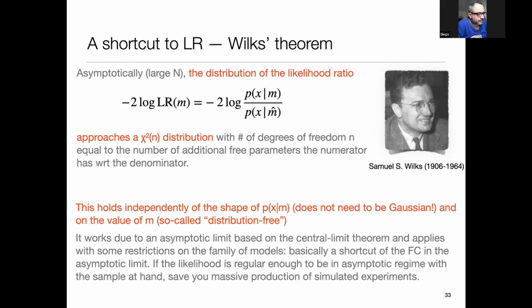So we know that the likelihood ratio is distributed as a chi-square, and we know that this happens independently of the shape of the P here, independently whether P is Gaussian or something else. The likelihood ratio is actually, for many problems, a very good approximation distributed as a chi-square.